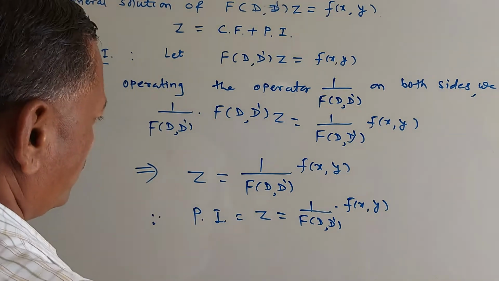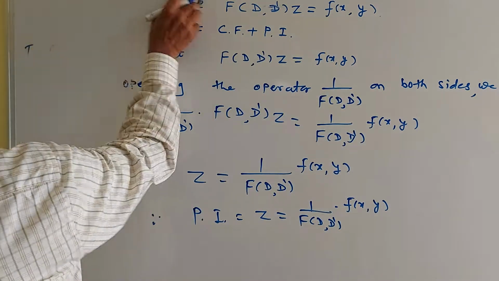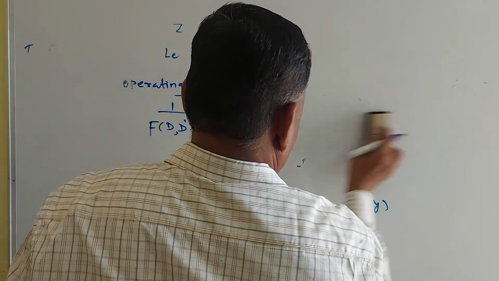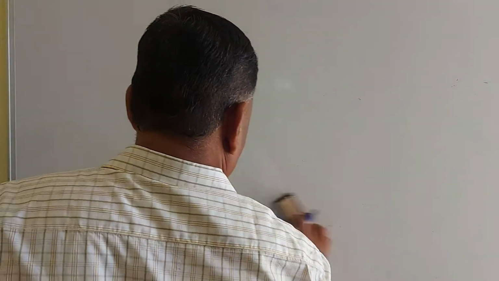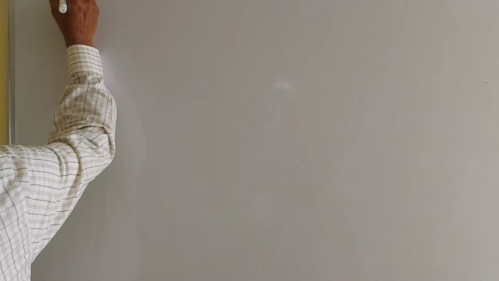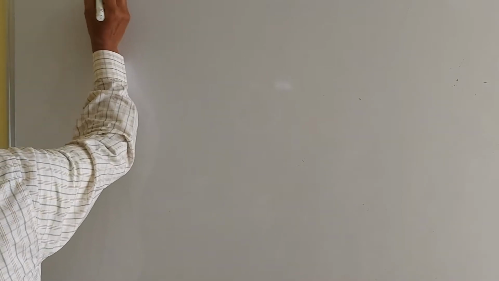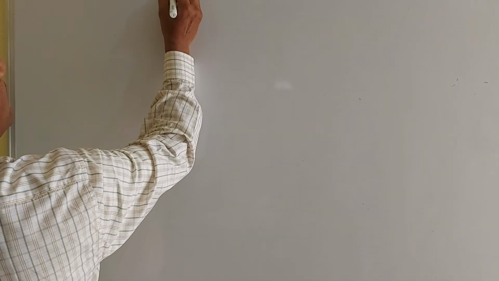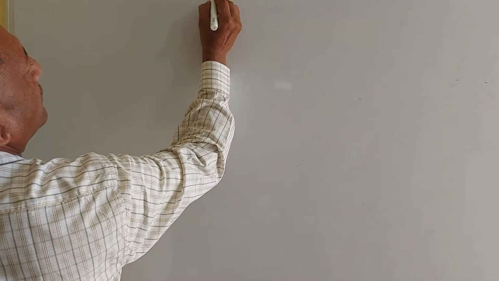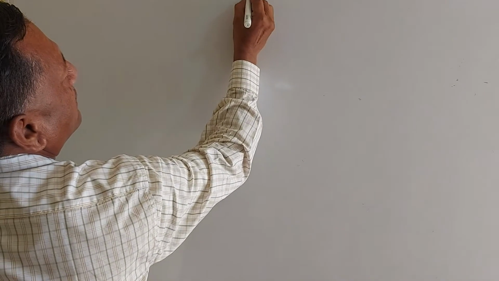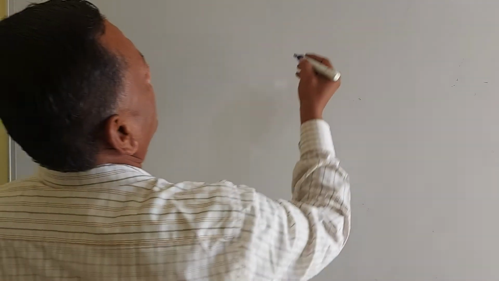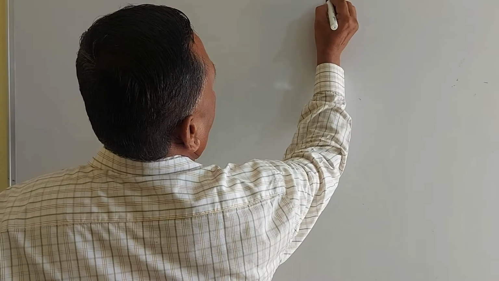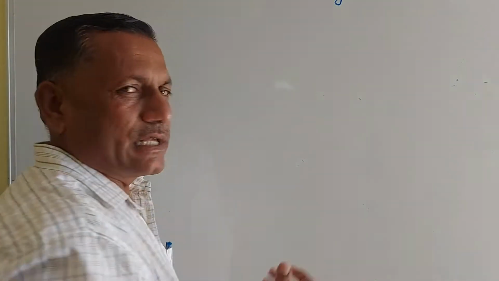So we solve one example. Solve D square minus 2 D D dash plus D dash square operated on z is equal to, you take F of x, y as 12xy, or only xy, or 6xy, any function.